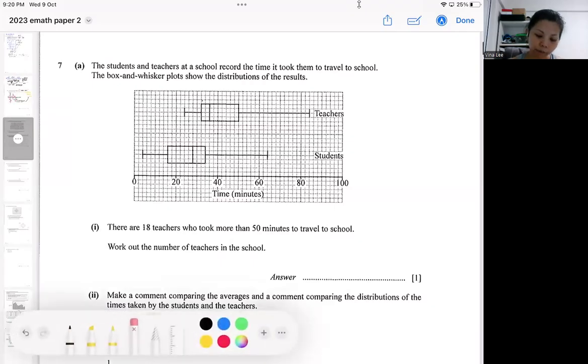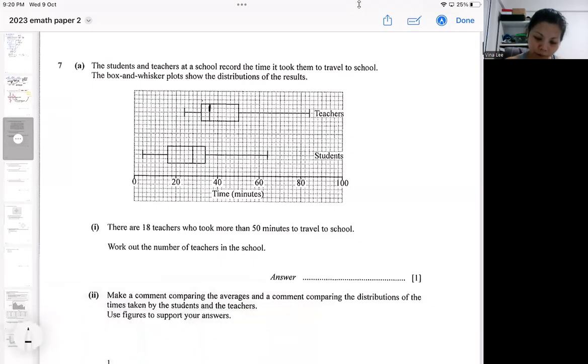Okay, before we proceed, we can actually get the median for the teachers. In this question, we are exploring the time taken to travel to school. The median for the teachers, you will get 36 minutes. Then the interquartile range, you can read off: 15 minus 32, 18 minutes.